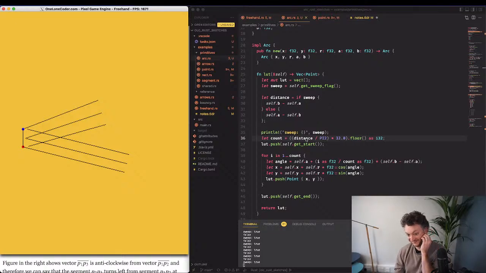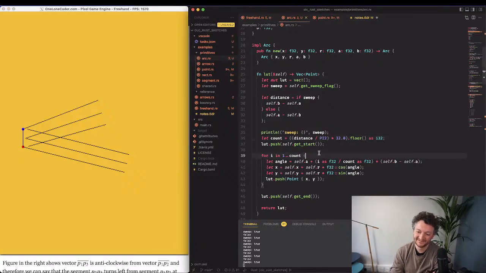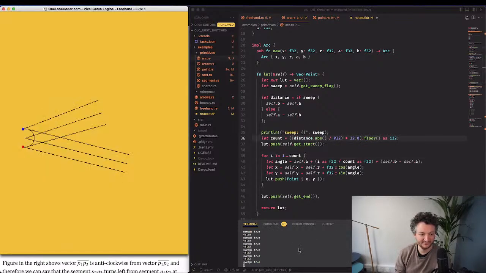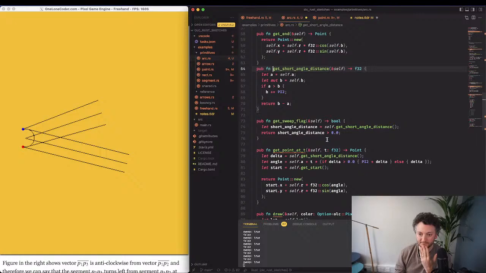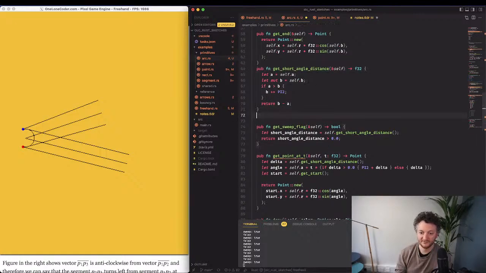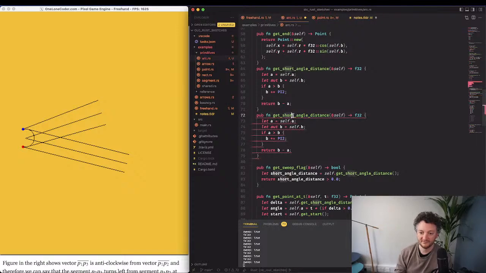Well, that's wrong. Distance abs. Let's try that. No, that's still wrong. Short angle distance. We'll do this. Long angle distance.